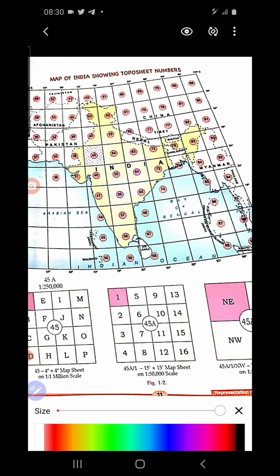Here it is 1 is to 250,000, this one, and the next one is 1 is to 50,000, and further division is there. Sorry, 45A1. Here you see 45A1, 45A2. So this is another division, which is known as 1 is to 25,000. Clear?